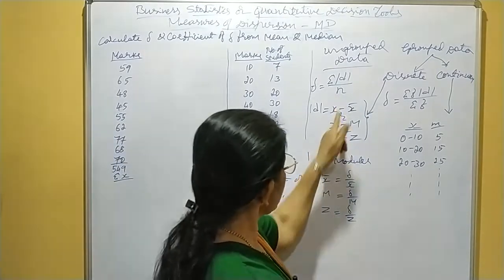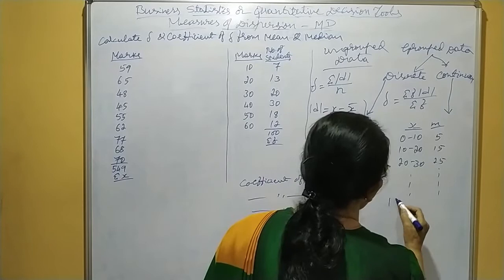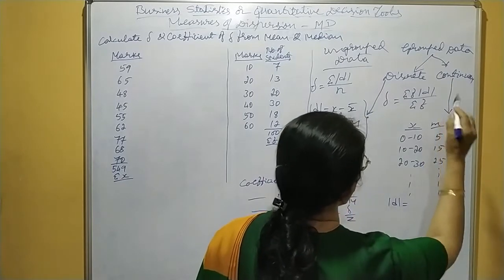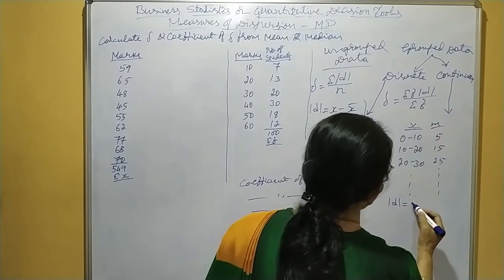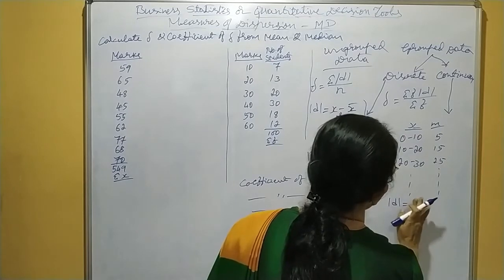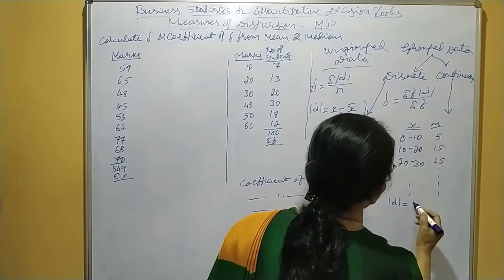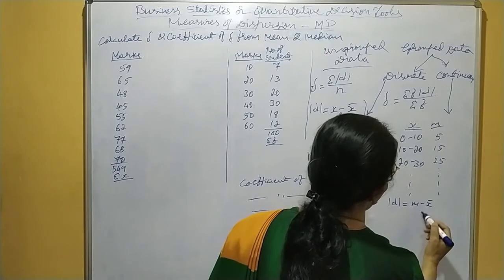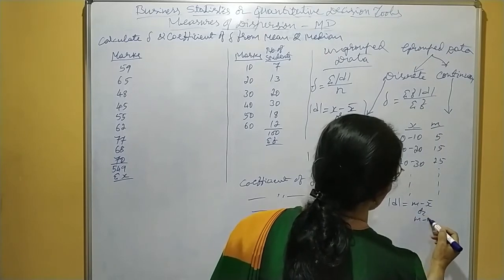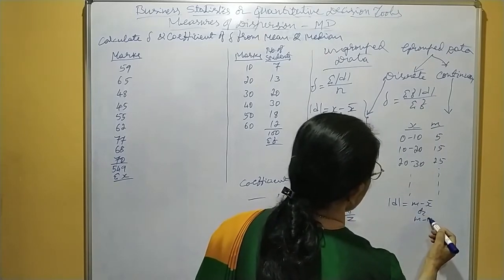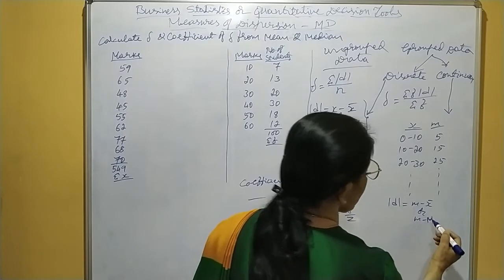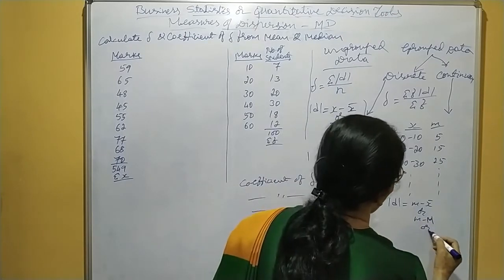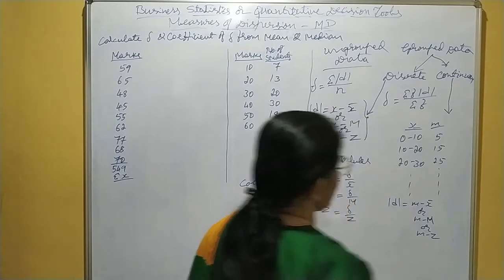Now here modulus d under continuous series is not x minus x bar, it is m, that is mid value, m minus x bar or m minus M. Here this one is small m, this one is capital letter M, it denotes median, or m minus z.